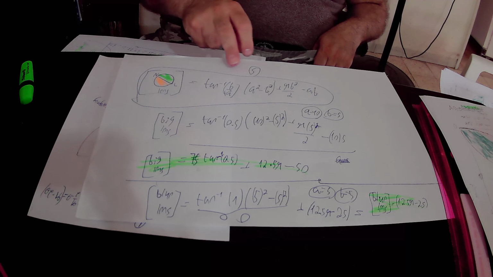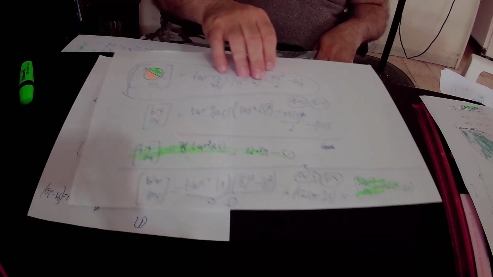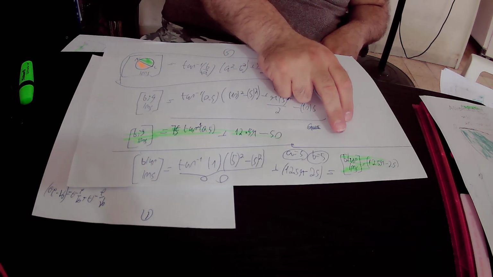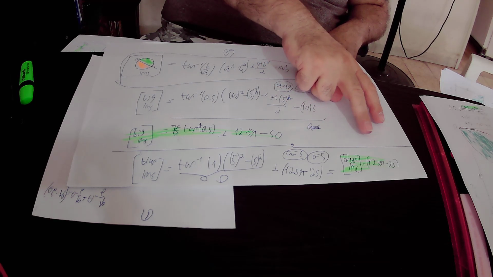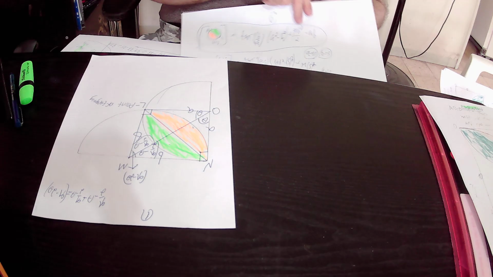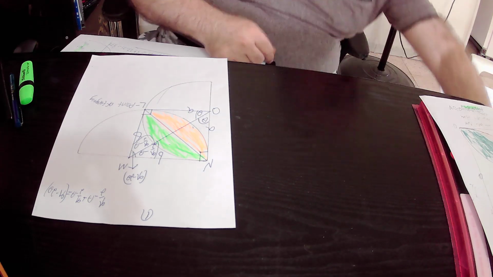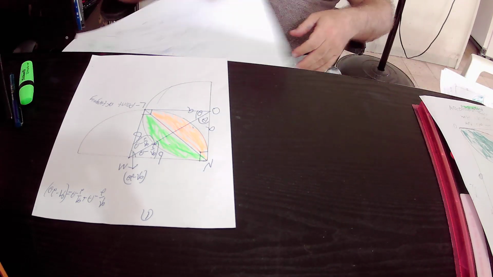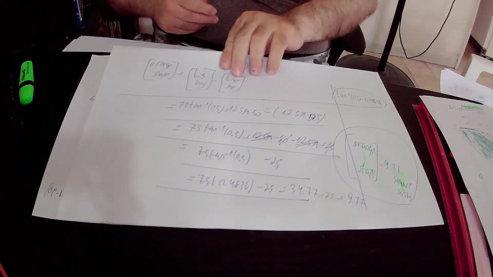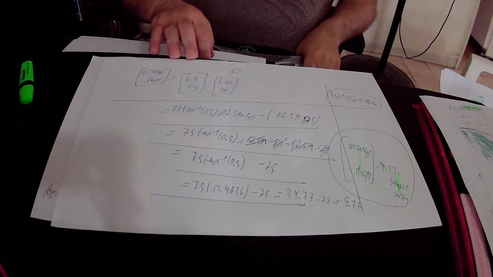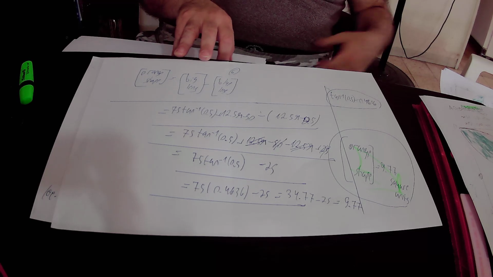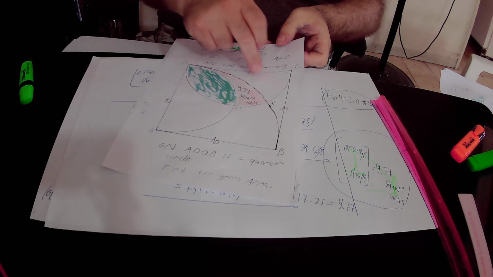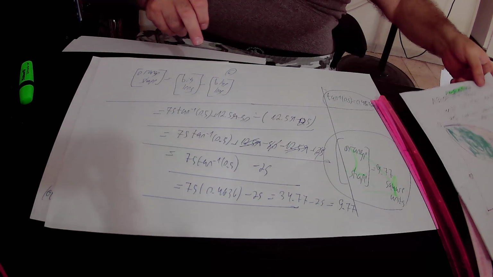We put the value of A and B here, and we found out that the area of the blue lens equals 12.5 pi minus 25. And we know that the area of the orange shape equals the area of the big lens minus the area of the blue lens.